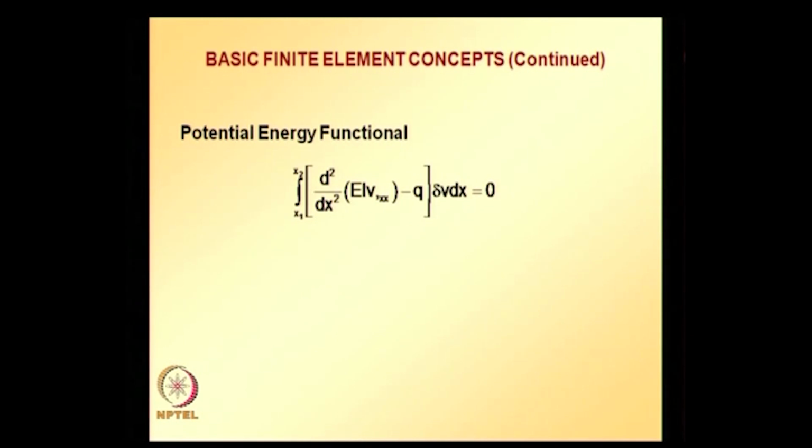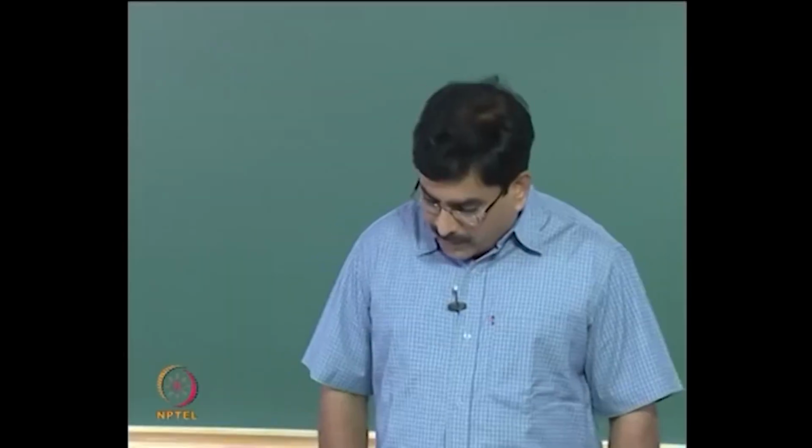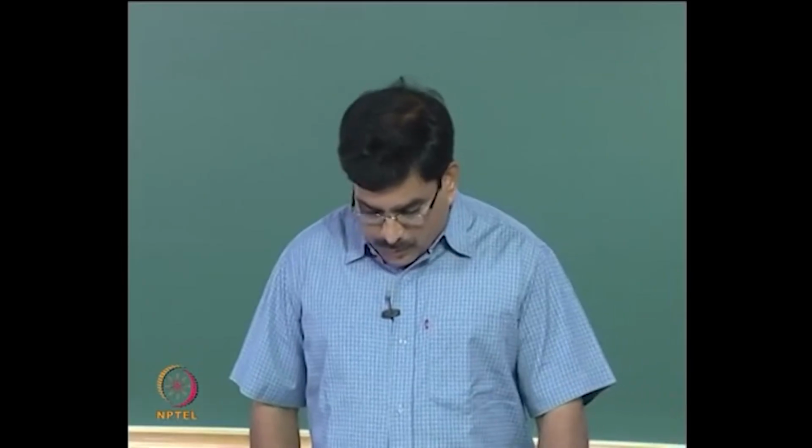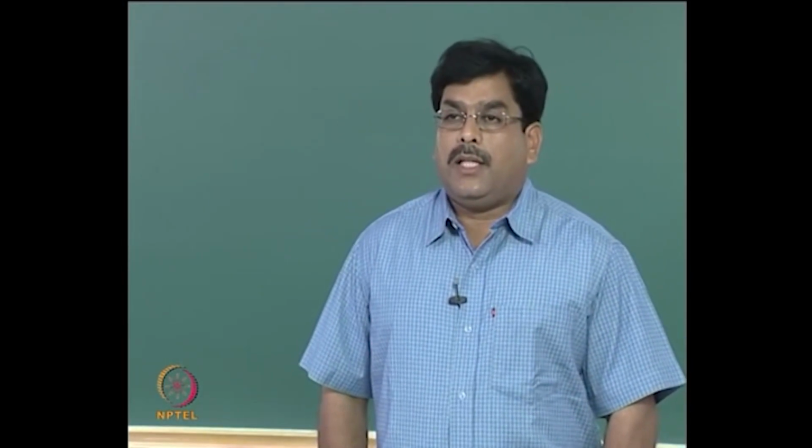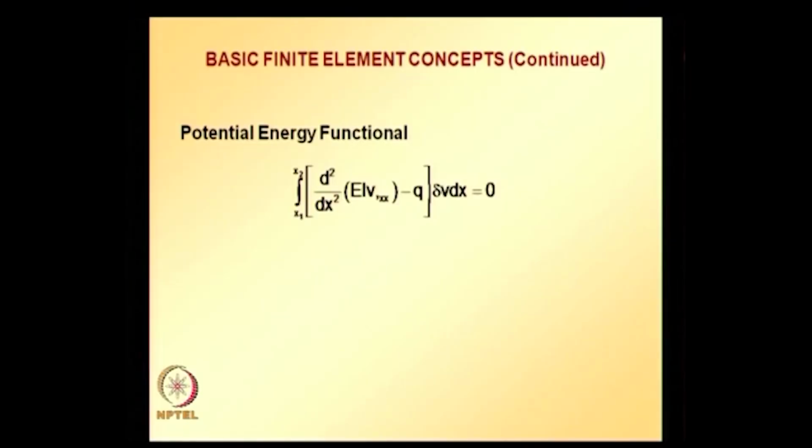Here the problem domain is taken as x1 to x2, and next step is, for any of the terms having higher order derivatives, we can reduce the order of derivative by using integration by parts. And also please note that integration by parts can be applied as many times as one wishes to reduce the order of differentiation.